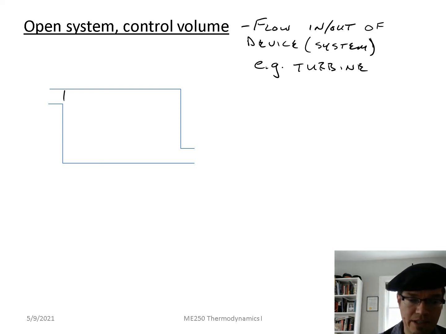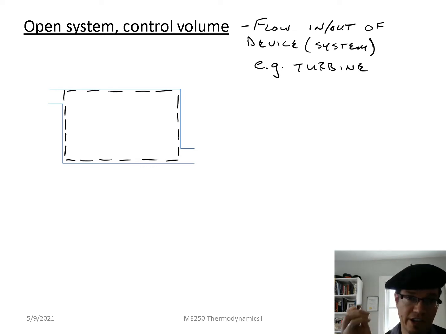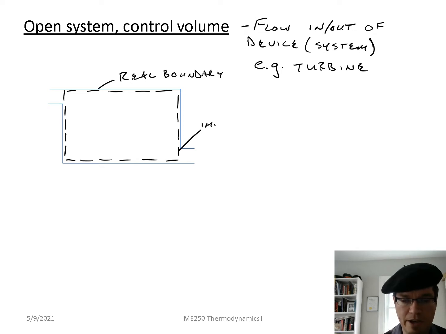And the system is, again, not the box. It's the stuff that the box contains. So again, we'll draw a dotted line for our system boundary, and we can have portions which are a real boundary, and we can have portions which are an imaginary boundary.